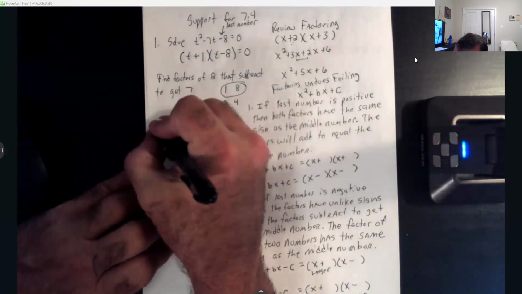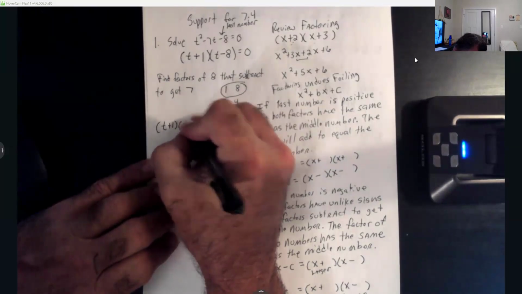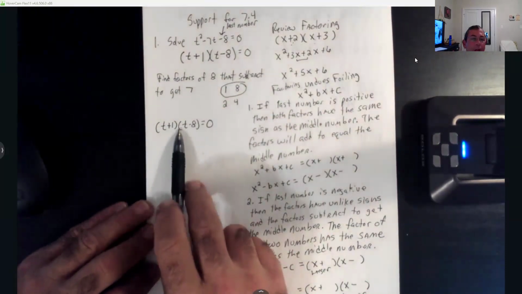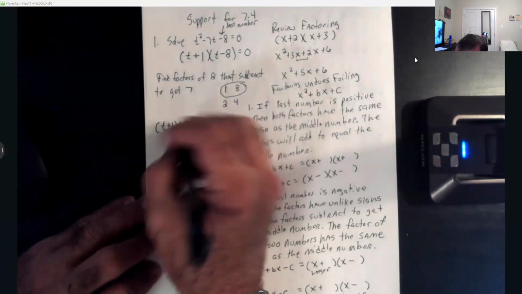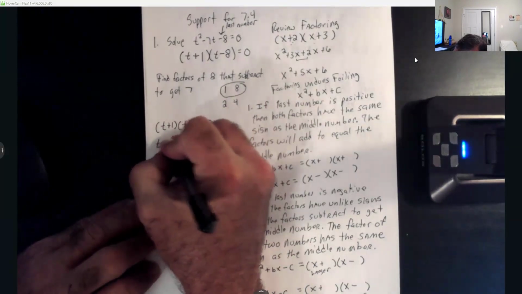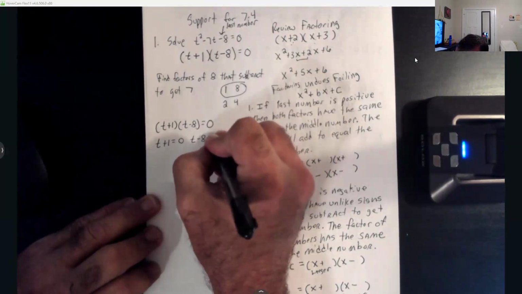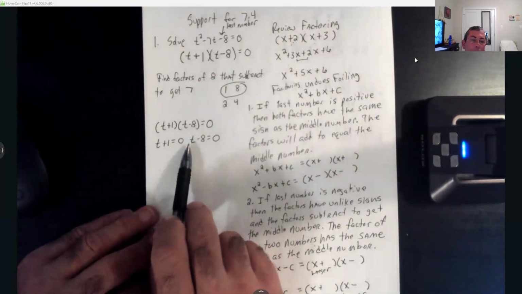So now let's continue on because we got an equation we're solving. Since we're solving an equation, once you got it factored, we now set both of these factors equal to 0. And y'all, the reason I can do that is because of the zero product rule.